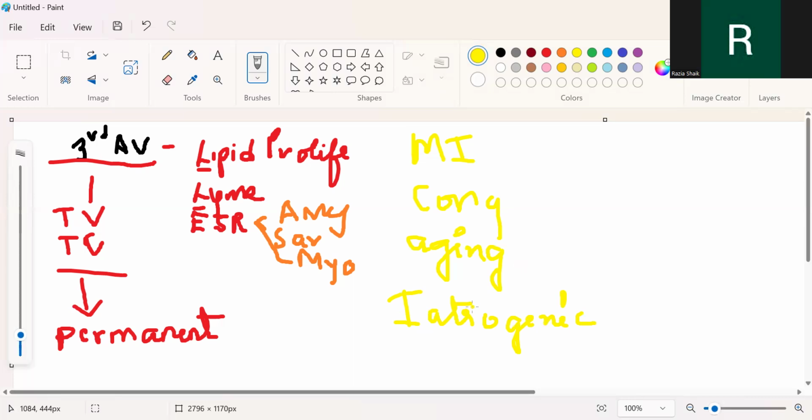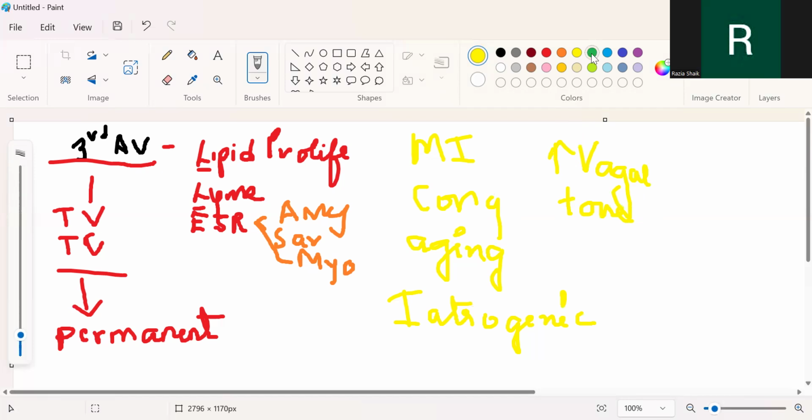Sometimes it can happen with increased vagal tone. This is also important. Or calcified vessels can cause it. There are other electrolyte abnormalities like hyperkalemia.